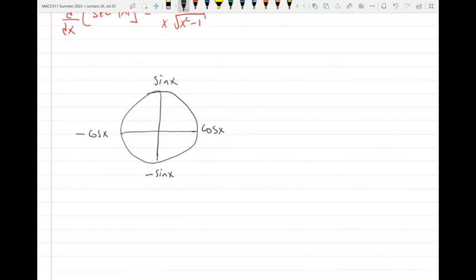So if you move clockwise, you're doing derivative. For example, the derivative of sine is cosine, the derivative of cosine is negative sine, the derivative of negative sine is negative cosine, and so on. Now, if you move counterclockwise, you're doing integration.